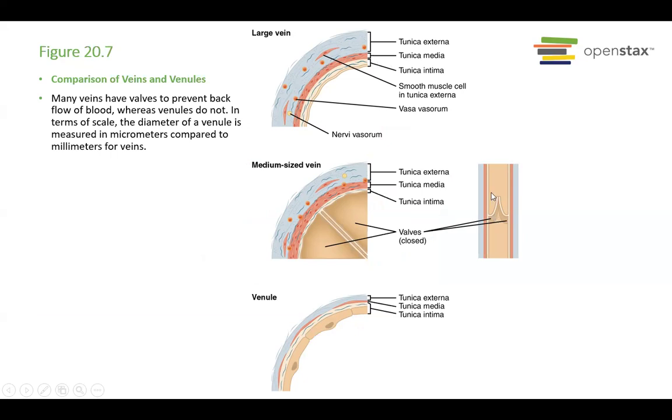We have valves in our veins, and that's very important for deep venous thrombosis and varicose veins. Why do we have varicose veins? Varicose veins are caused by the pooling of blood.